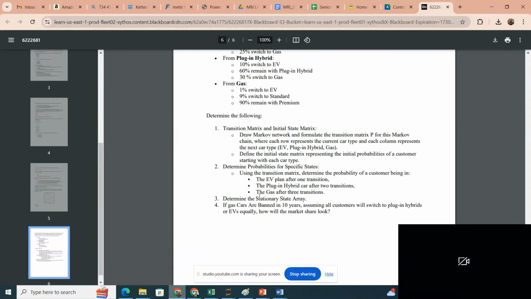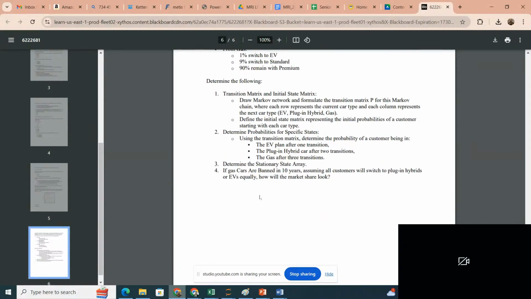Now, after that, I want you to see if the market will be saturated or if the market will reach a steady state, which is called a stationary state. So I want you to determine it. Of course, we learned how to determine the eigenvalues for this question. Now, this is not a very hard question.